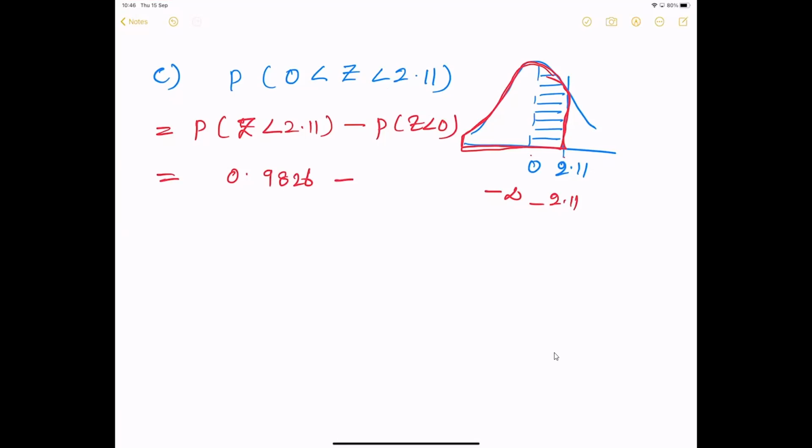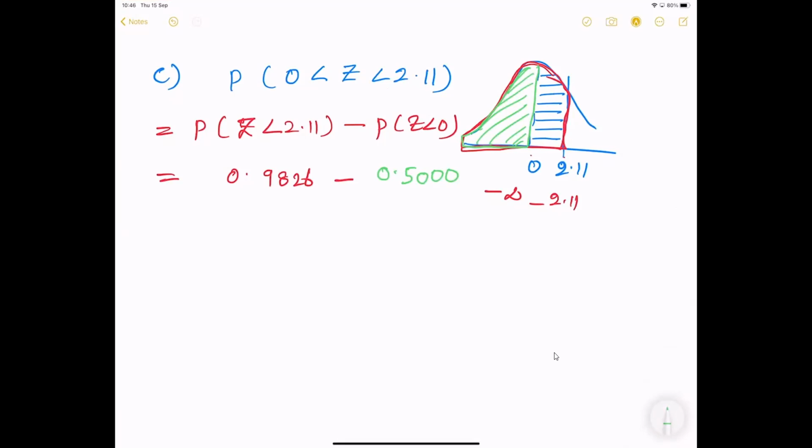Z less than 0 means from negative infinity to 0, and that value should be 0.5. You can refer to the table.